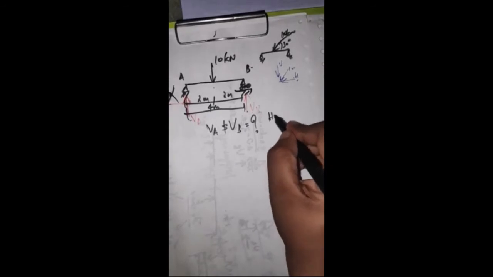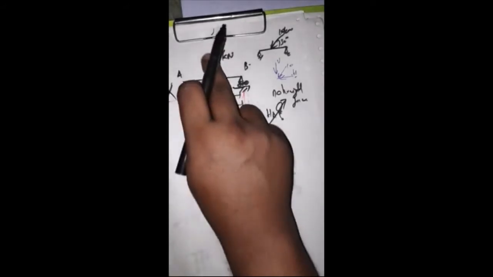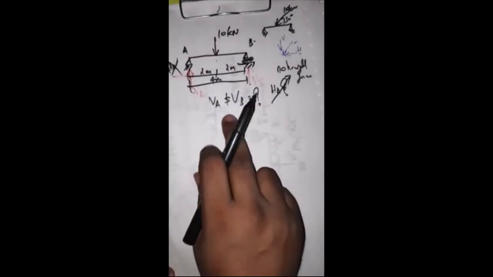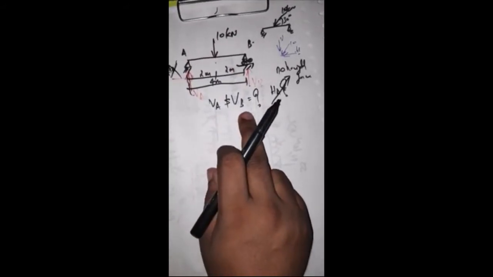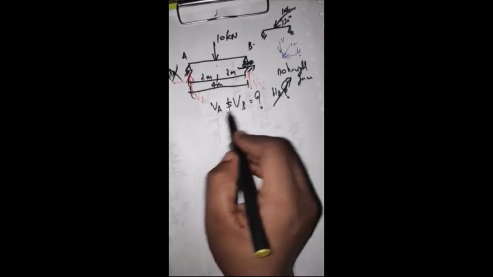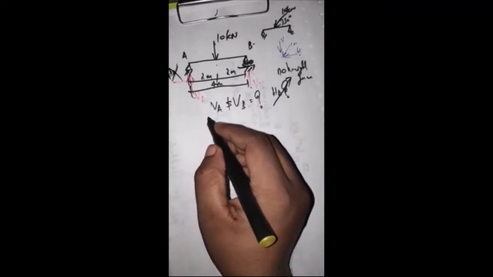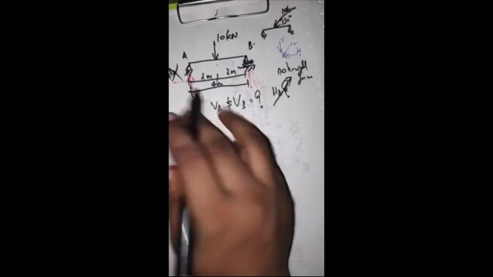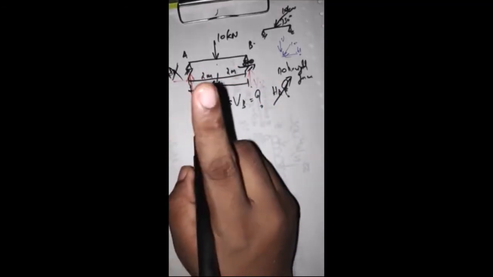The horizontal reaction at A is not there, because there is no horizontal force on the beam. So we have VA and VB, two unknowns. In a 2D frame, we will have three available equations.